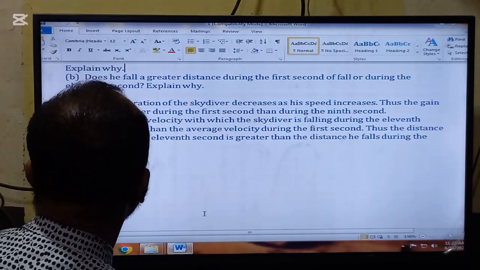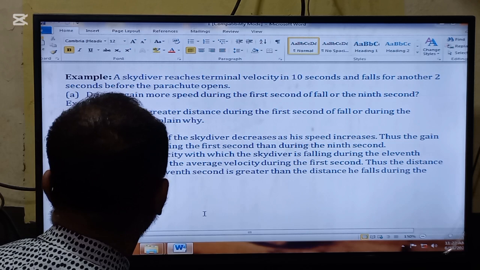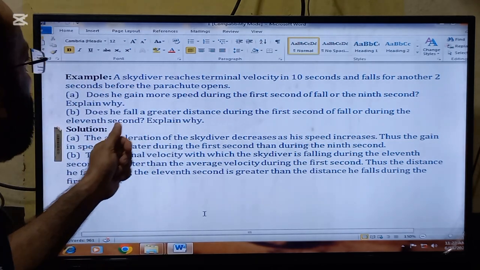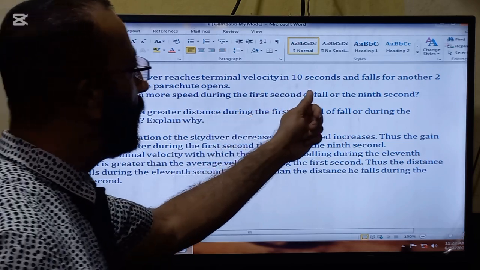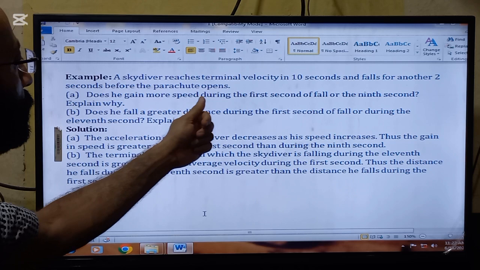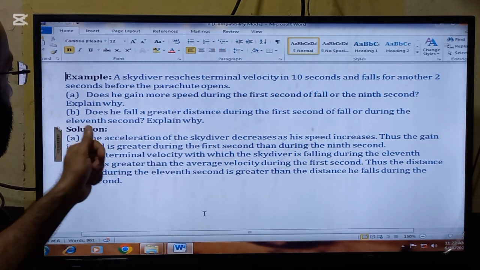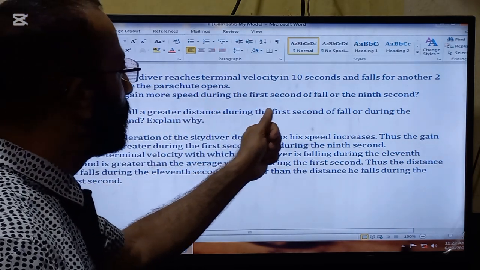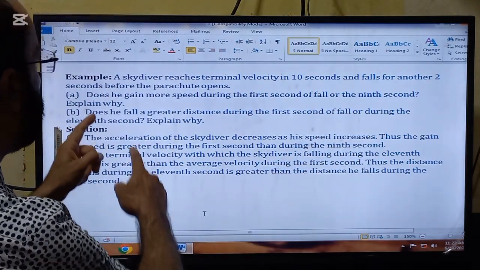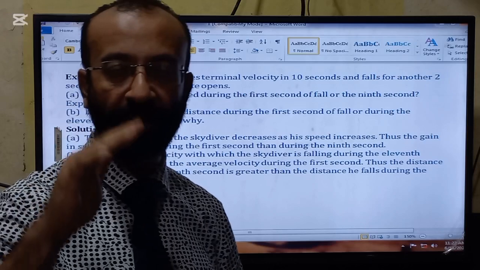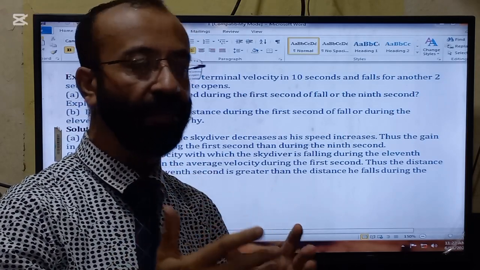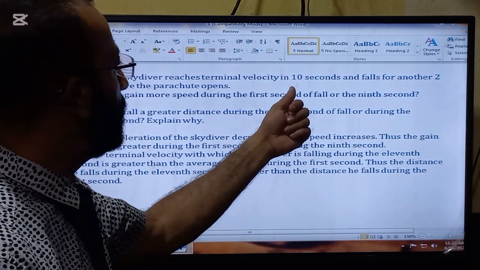So here is our example now. A skydiver reaches terminal velocity in 10 seconds and falls for another 2 seconds before the parachute opens. Does he gain more speed during the first second of fall or the 9th second? Definitely in the beginning the gain in speed will be greater, and gradually it will be less by the 9th second.